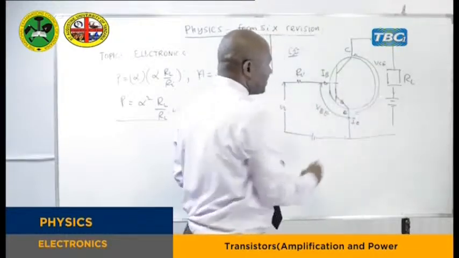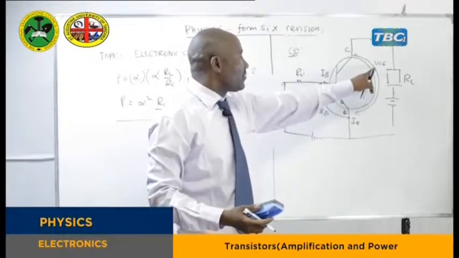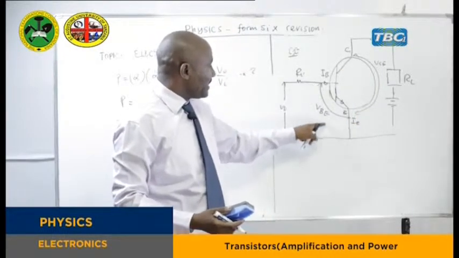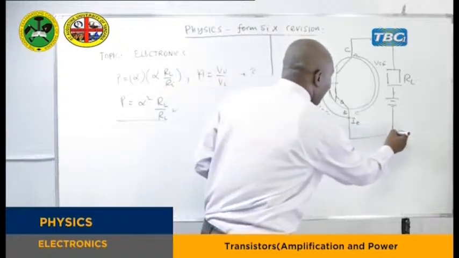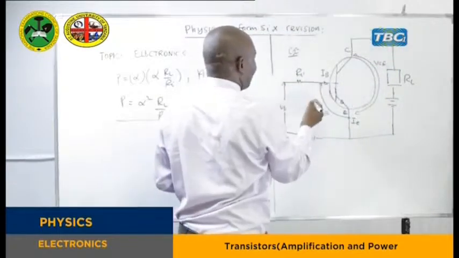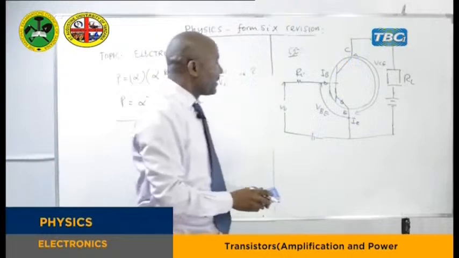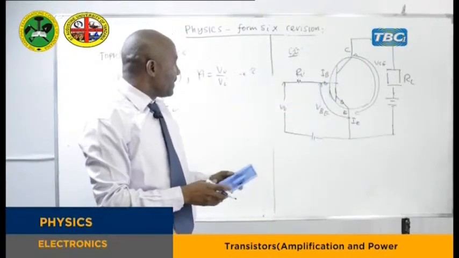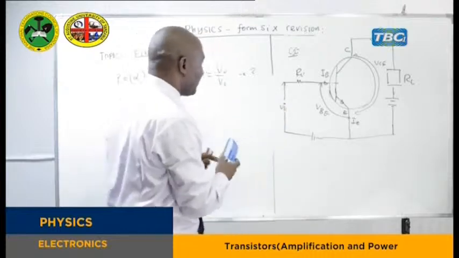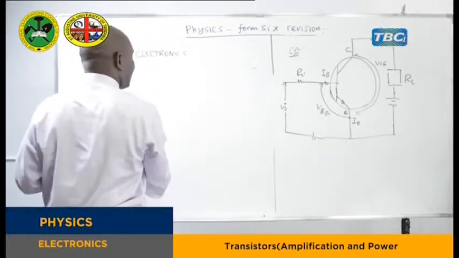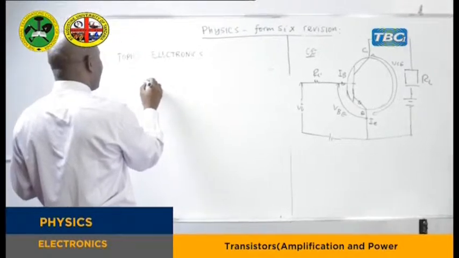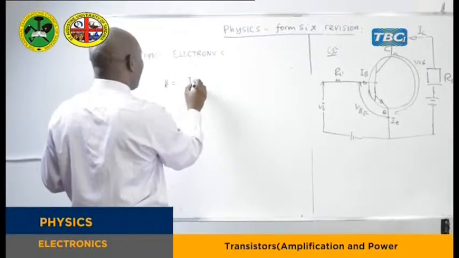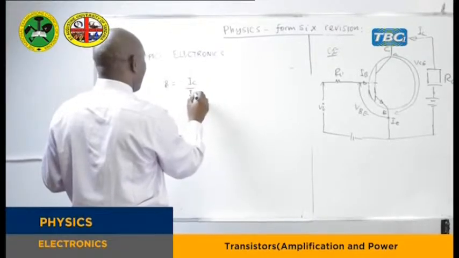So if you know the current IC, which is the output, and the base current IB as the input, and this is our input voltage, you can find the current gain. The current gain beta, if you remember, is IC over IB.